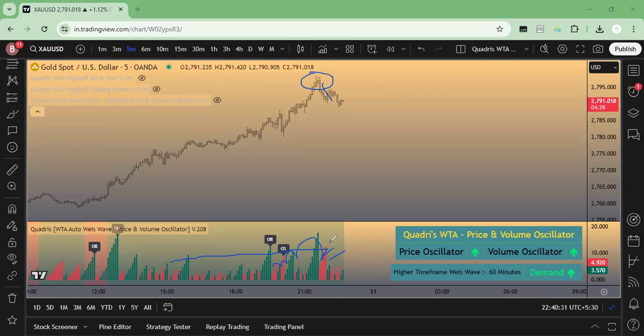So this is the change in behavior which David used to refer to. We only look for the first pullback and then we go short. It is here also. This is the first change in behavior which has taken place after this point. Price went upwards, we look for a pullback and then we go for a buy opportunity.